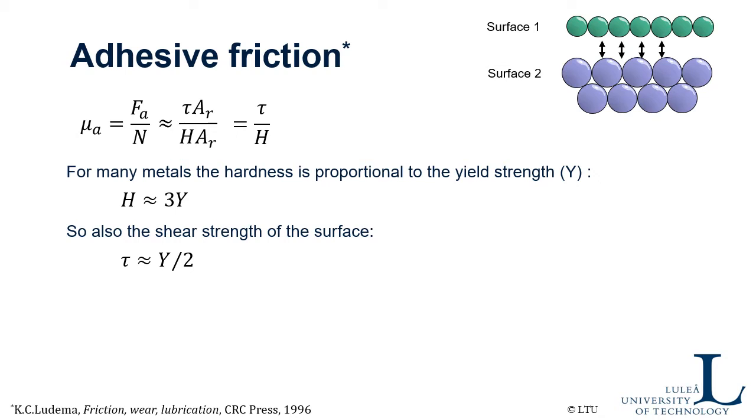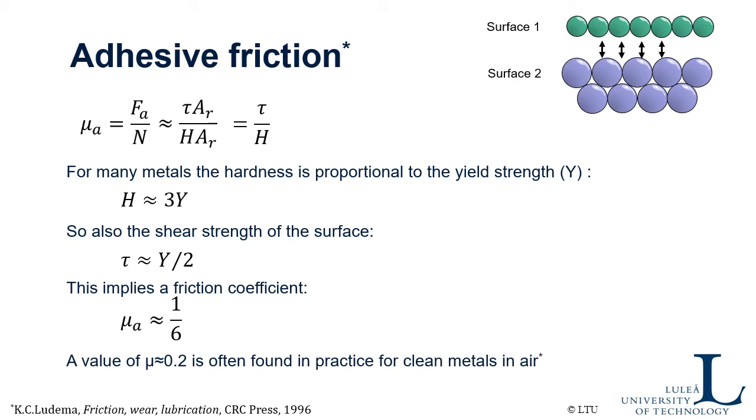So putting that into the first equation, it means that the adhesive friction coefficient is around 1/6, and that is also what you find if you make an experiment of clean metals in air. You measure the friction coefficient to approximately 0.2. So that's something to have in mind.